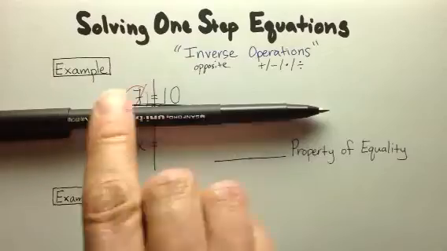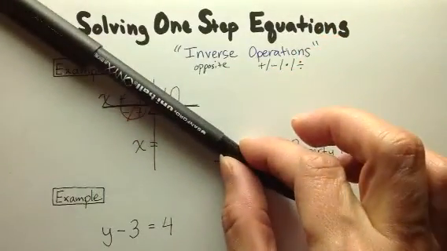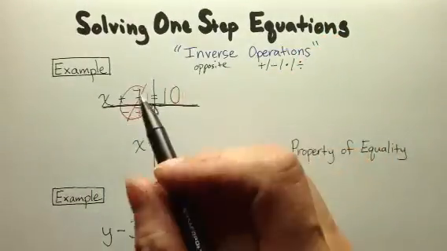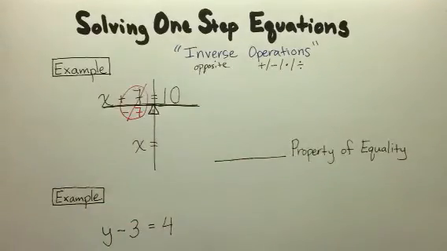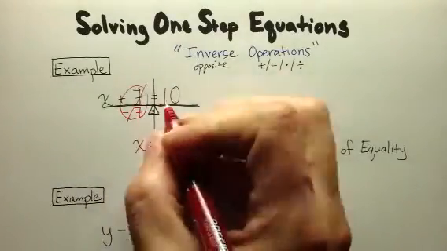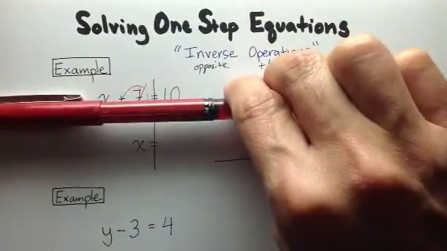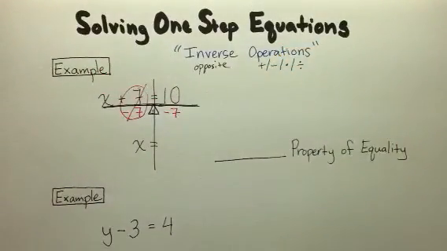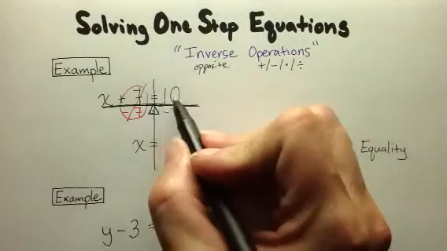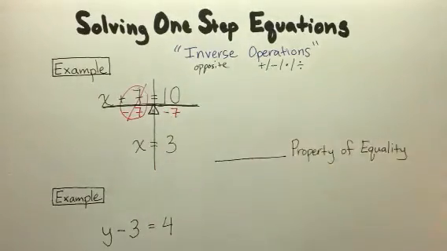If I take 7 off, this just got lighter and my scale went like that, right? So to keep the two sides balanced, whatever I do to the left side, I do to the right side. And that would straighten it back out. So I'm going to get here that x equals 10 minus 7 is 3.